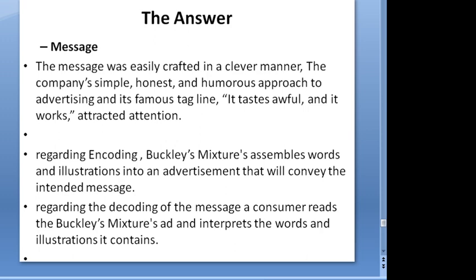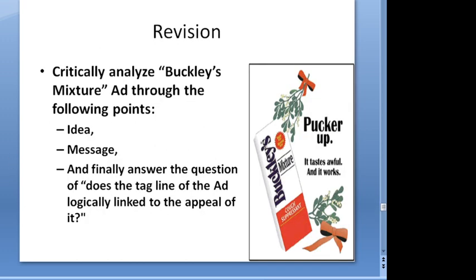Regarding encoding, Buckley's Mixture assembles words and illustrations into an advertisement that will convey the intended message. So let's take a look again at the ad.